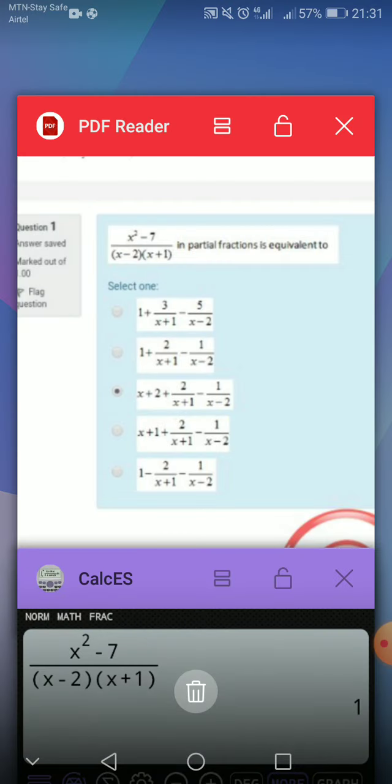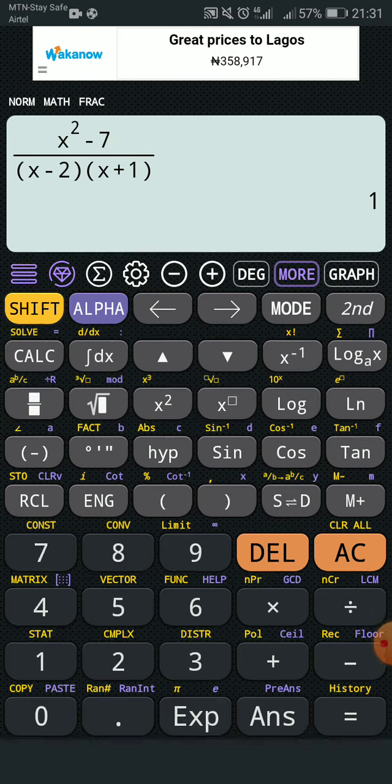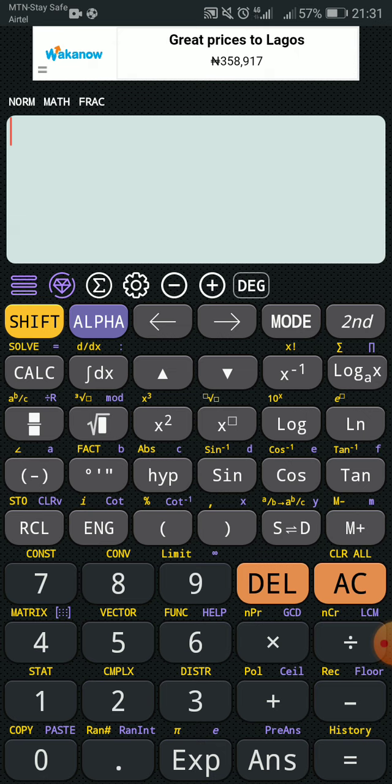So I'll check which of the options is going to give me 1. So let's try the first one, which is 1 plus 3 over x plus 2. So we have 1 plus 3 all over x plus 2.